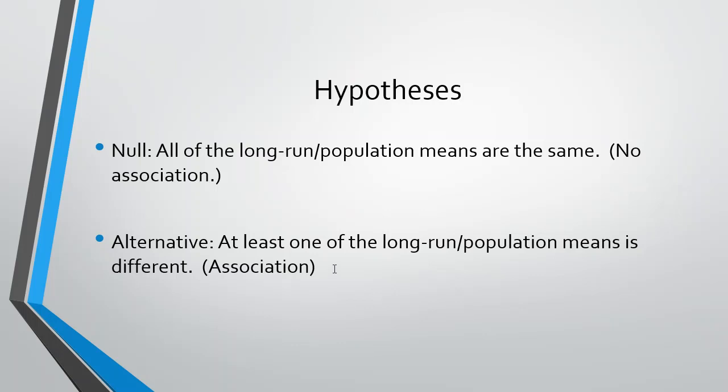If one of them is different, of course, we can follow up with confidence intervals and see, comparing each pair, you know, this one to that one to this one, etc., to see if there's any that are different. You know, we know this one's bigger than the rest, or something like that.